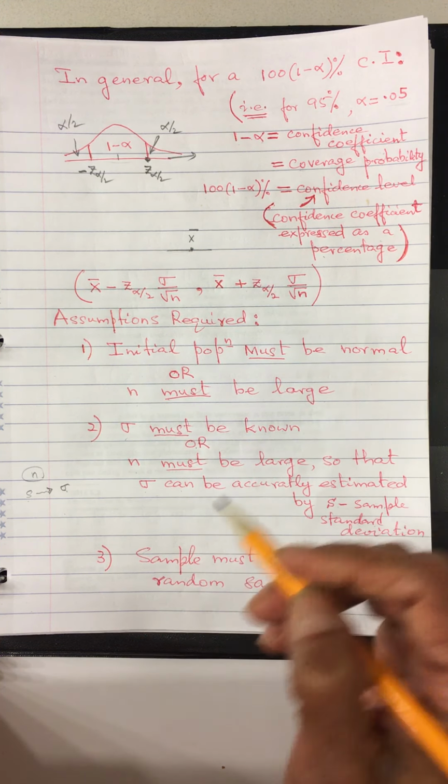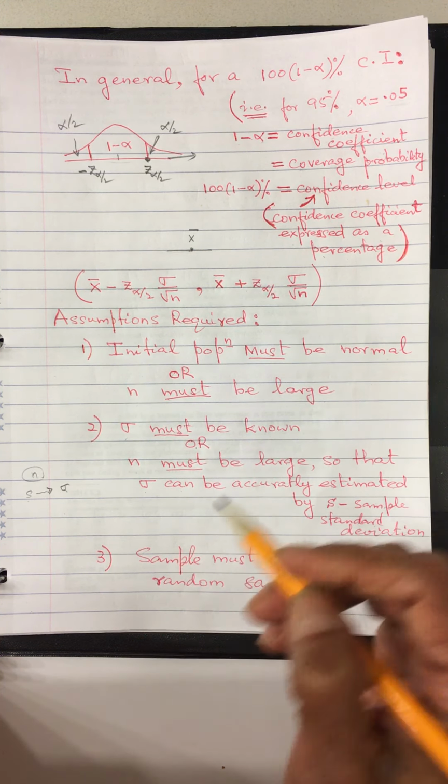So again, the initial population must be normal or n must be large, either that or that. The rule of thumb, as of now, if you wanted to, you can say n is 30 or more, but later I will give you exact details behind that.